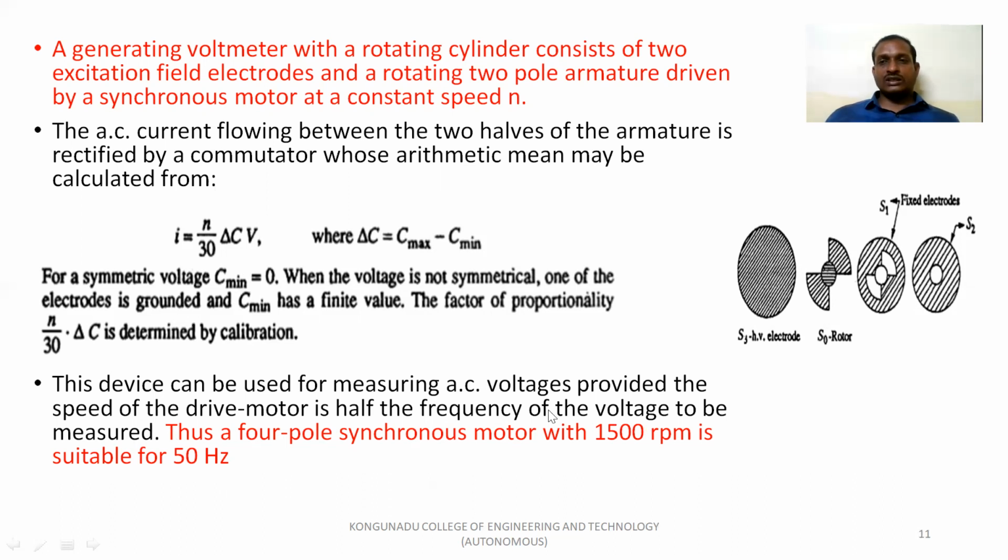Thus, for a 50 Hz AC, we need to use a 4-pole synchronous motor with 1500 RPM.